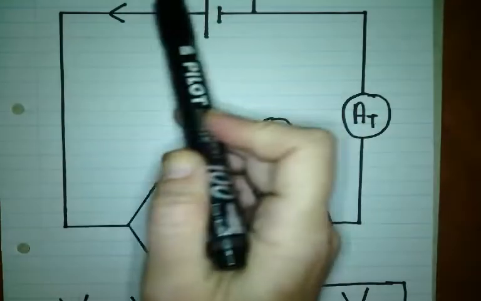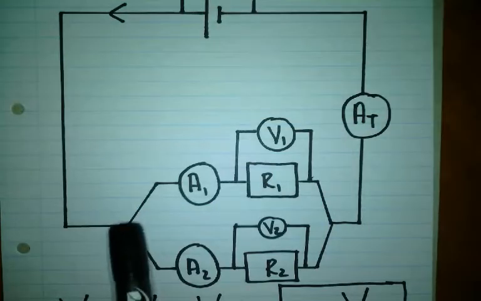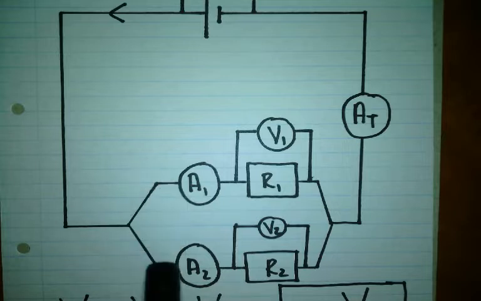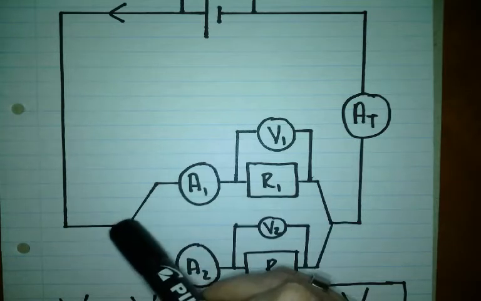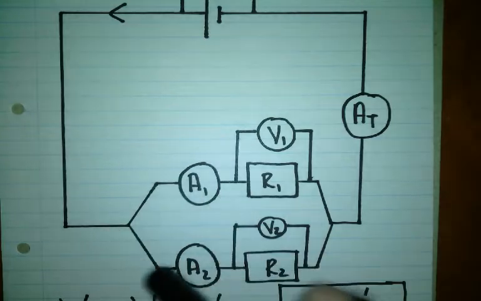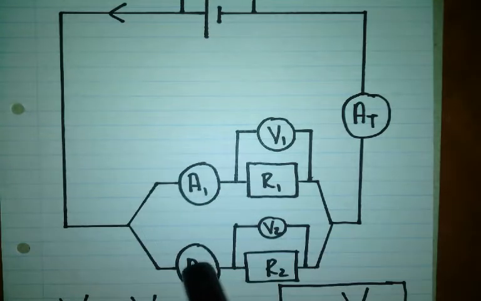Alright, now we said that when an electron goes through the cell and it gets to the branch, it can either go up or it can go down. It can't go up and down, which means that your electrons are split between the two branches. Current is the flow of electrons, the rate of flow of electrons. How many electrons go past a point in a second?